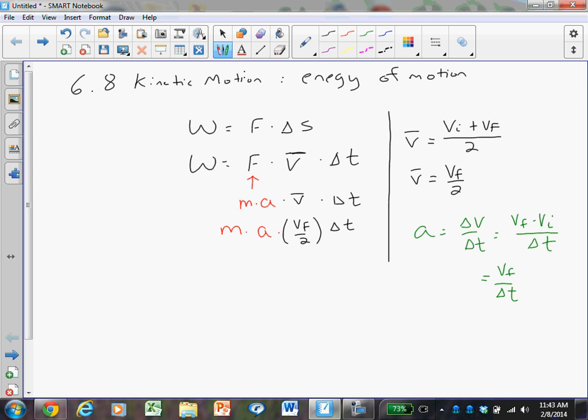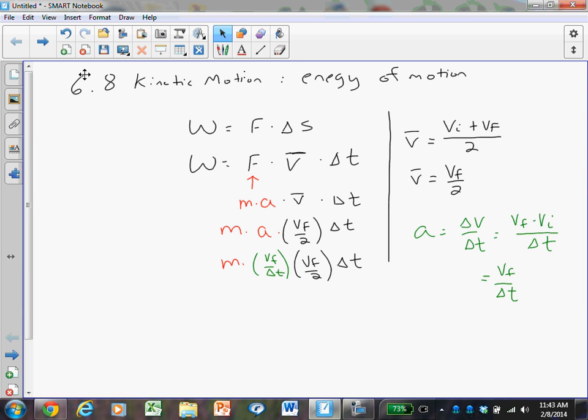So for a, we'll plug that in, Vf over delta t. Now we have m times Vf over delta t times Vf over 2 times delta t. We can see that the delta t's cancel, and we get m times Vf times Vf over 2.